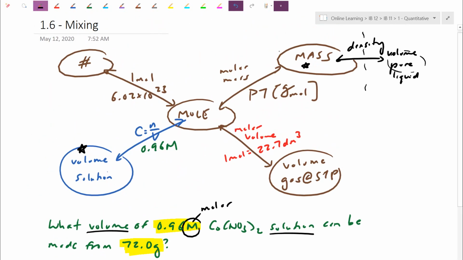One of the numbers will place us on the diagram. I would start off with the number that's easier to work with. In this case, 72 grams is easier to work with because that puts me directly at this mass bubble. I want to traverse over here. I want to eventually make it over to volume. And what they're giving you for the other number is concentration. Concentration is my conversion factor. That's going to help me do this second fraction. So that's why we needed those two fractions.